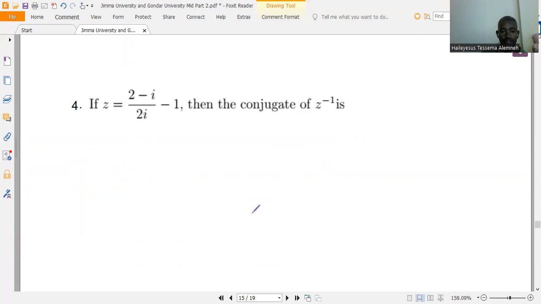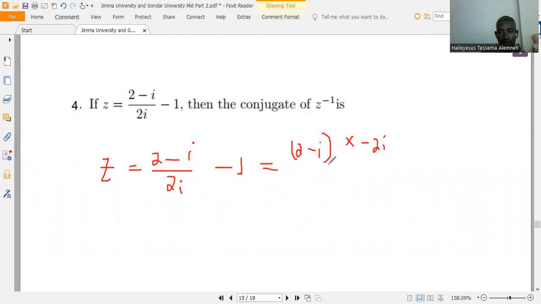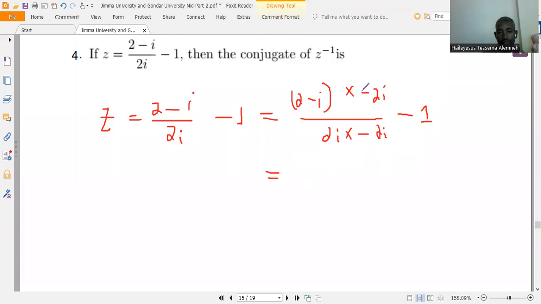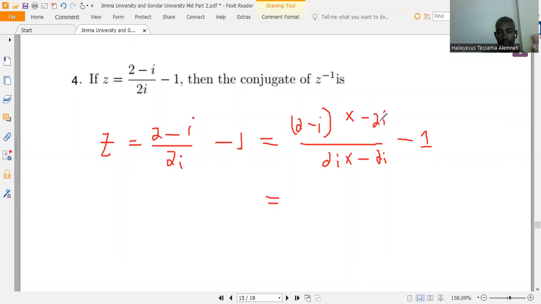Let's work this out. z is given as 2 minus i over 2i minus 1, which is the same as multiplying by the conjugate of the denominator, minus 2i minus 1, so 2 minus i times minus 2i minus 1, over 2i minus 1 times minus 2i minus 1.